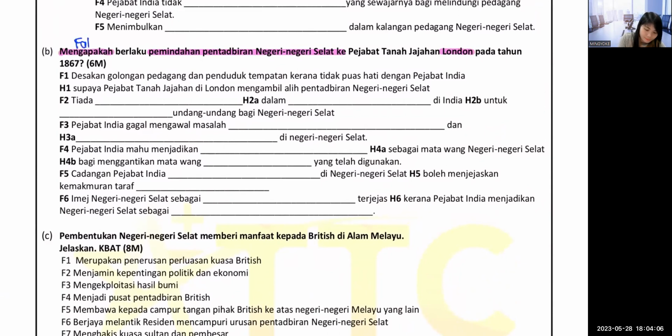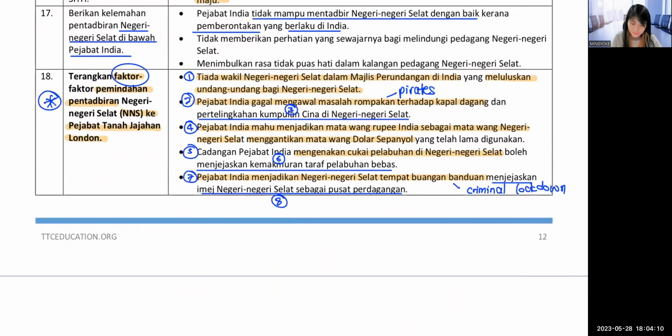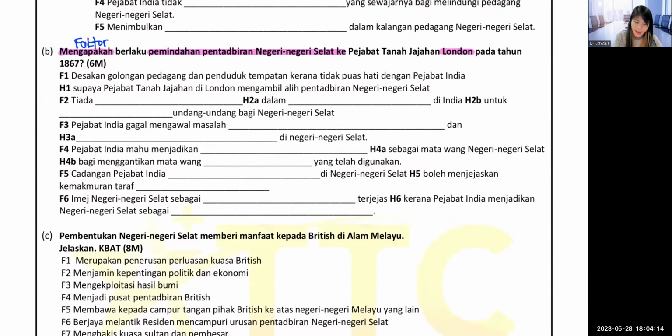Faktor. We just finished this part, right? Then you fill in. First is because of desakan pedagang, penduduk tempatan tidak puas hati, pejabat tanah jajahan di London mengambil alih. Okay, fine. Then tiada wakil.